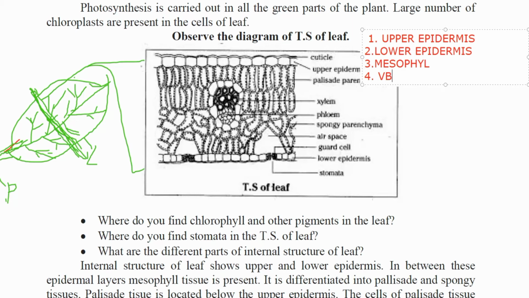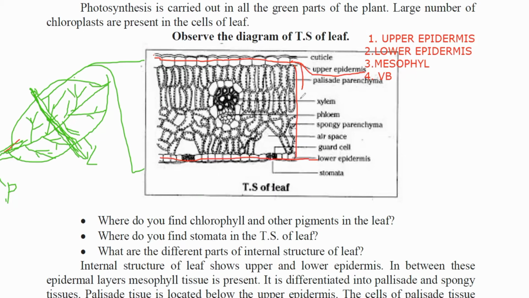Now I will show you clearly. This entire part is called the upper epidermis, and this entire part is the lower epidermis. The portion between the upper epidermis and lower epidermis is called mesophyll.